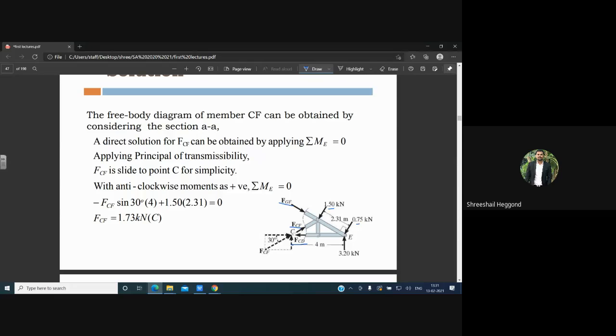Once the free body diagram is drawn for section AA only, a direct solution for CF, that is the inclined member, can be obtained by applying summation of moment about point E equal to 0, because it is a roller support.